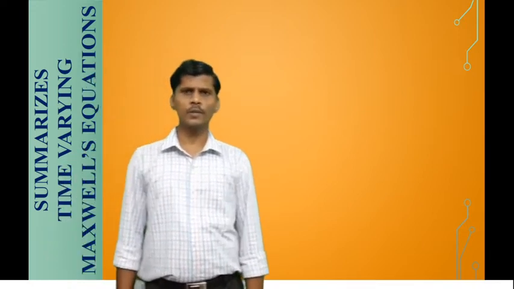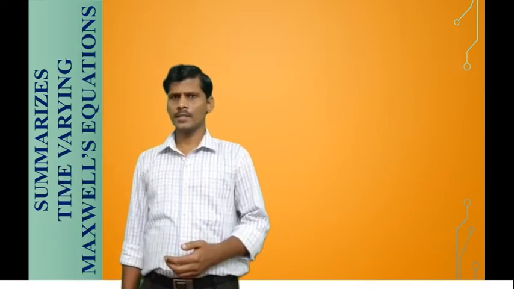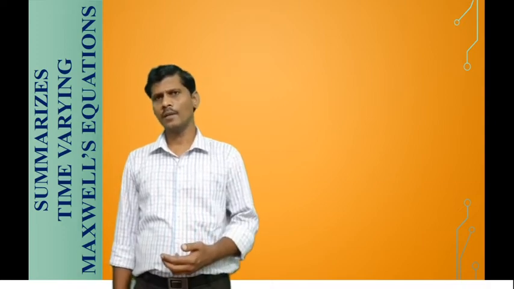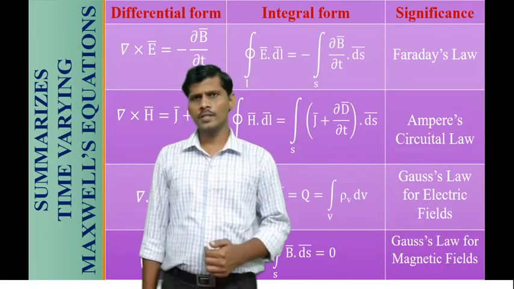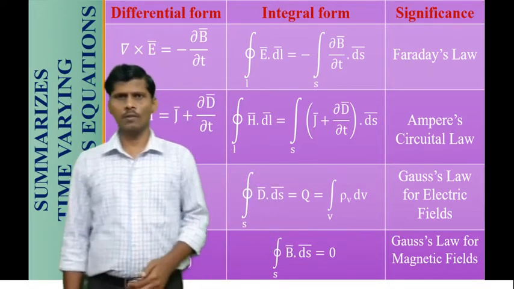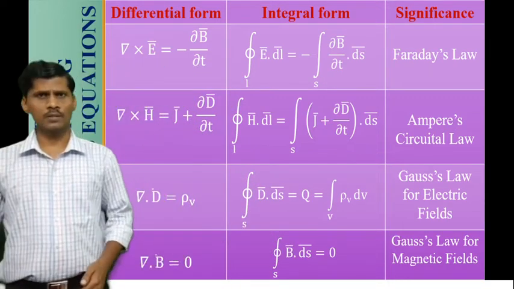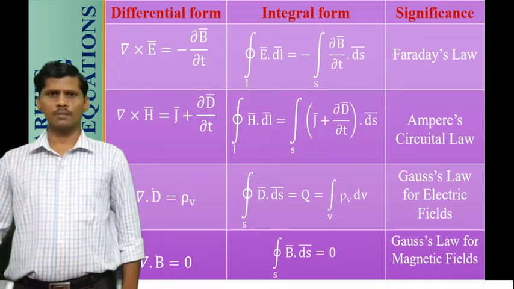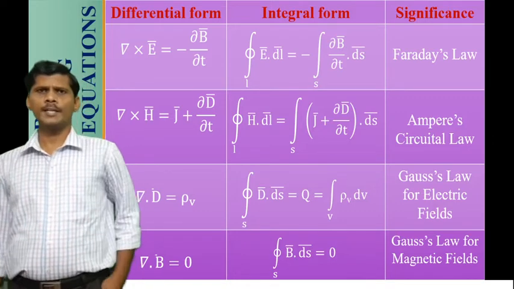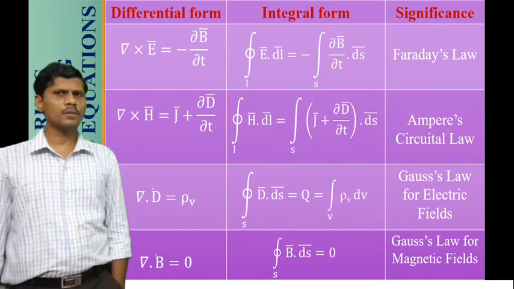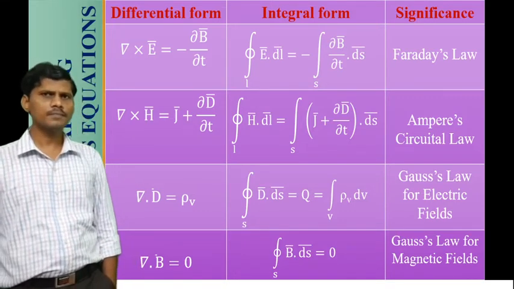First, we are going to summarize time varying field Maxwell's equations. These expressions were already discussed clearly in the previous class. Now, here is the summarization. Faraday's law: what is the integral form of Faraday's law?